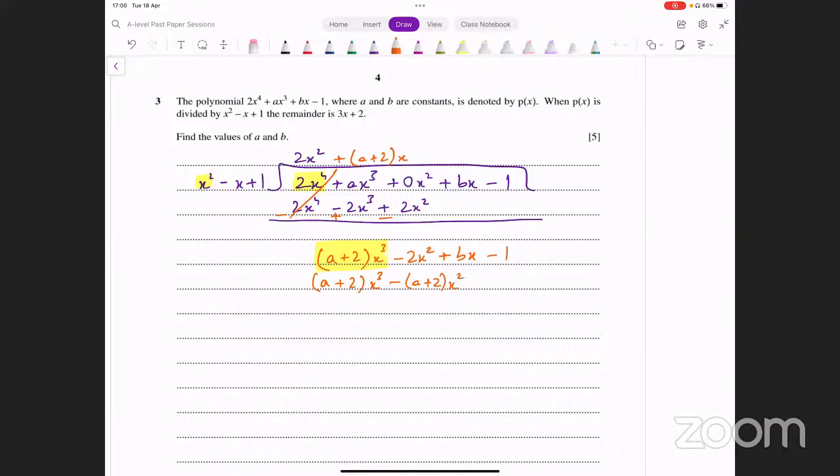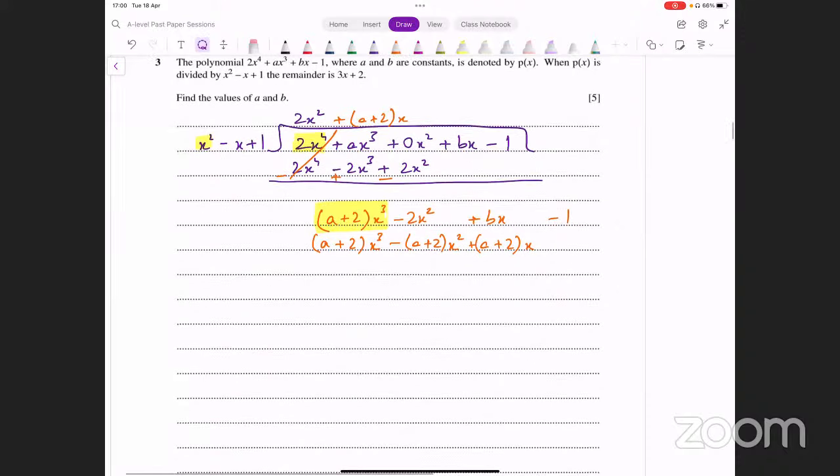That's the next term that you have. And then you have to think about the next term, which is the x term. That's a plus 2 into x into 1. So that gives you plus a plus 2 into x. All right. This is what we are getting in the second step.